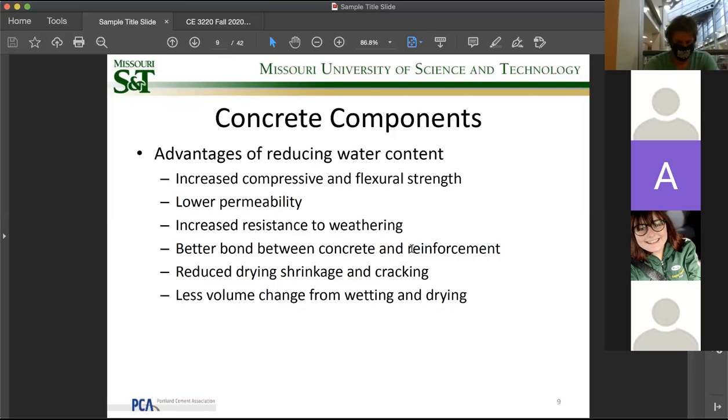Because of the low porosity induced by this reduction in water content, we also have lower permeability. So the concrete is more impervious to water erosion or chemical attacks, okay? That can keep the structure alive longer. Naturally, it also increases the resistance to weathering. How does that work? Say I have fewer pores, which means less water or moisture goes into the concrete when it's wet.